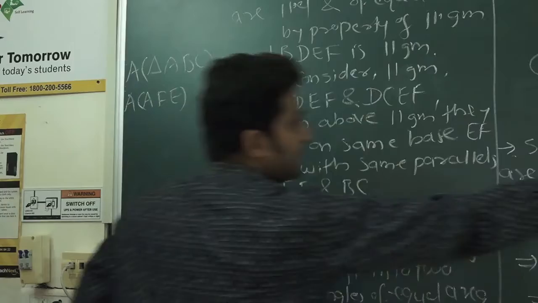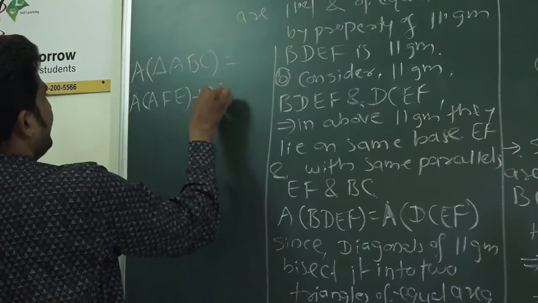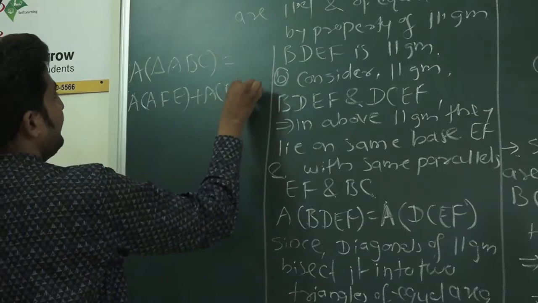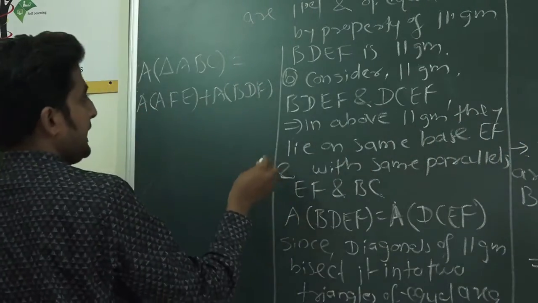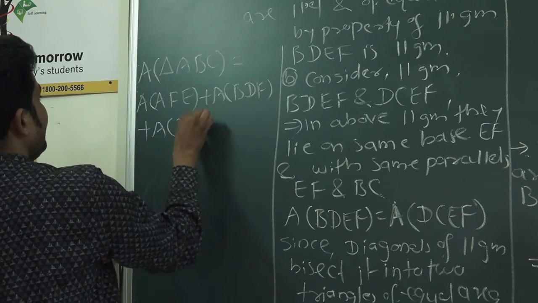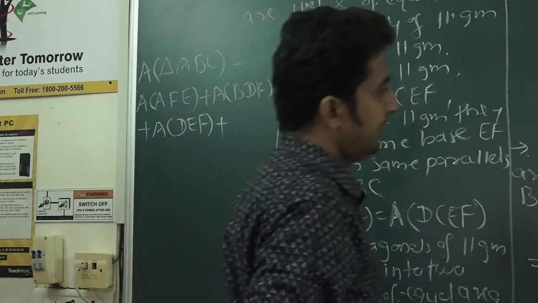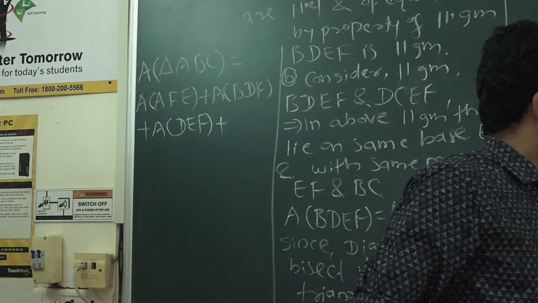First triangle is the upper triangle, plus area BDF, this triangle also, plus area DEF, plus DEF.